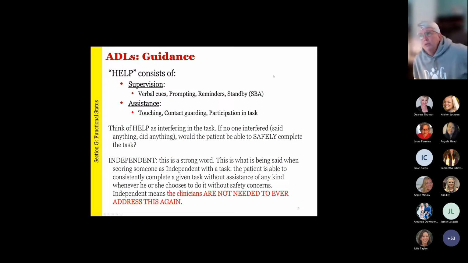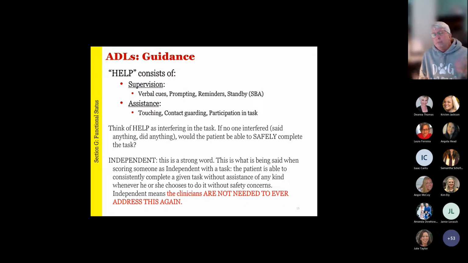All right, then we're going to go into section G, functional status. Within the new OASIS-E, we have section G, the functional status, and section GG, which is, guess what? The GG items. All right, so G is our functional status, and just a reminder of what help is. Help can be supervision or assistance.